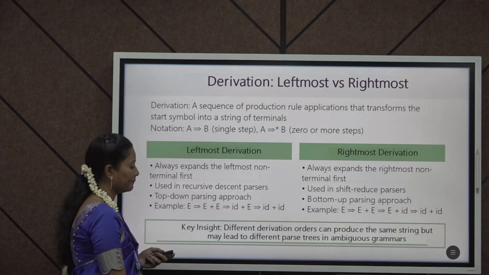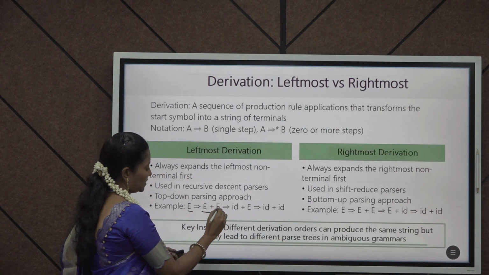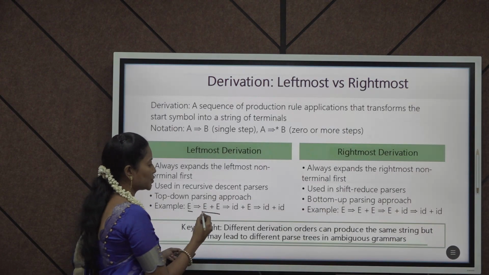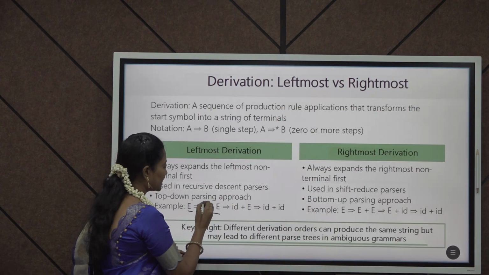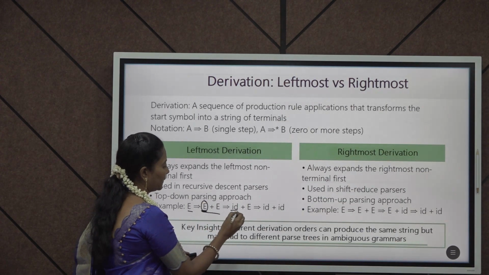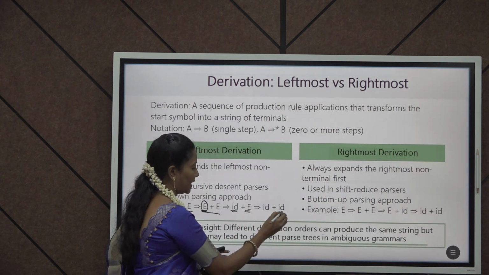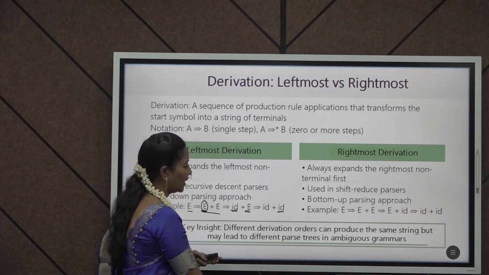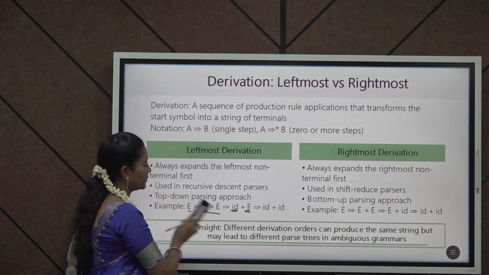Consider this example. We have E implies E plus E. Here we have to choose the leftmost non-terminal, that is E, and it is replaced with ID. And later in the next step, E is replaced with ID and then it produces the final string ID plus ID. Like this we have to perform the rightmost derivation.